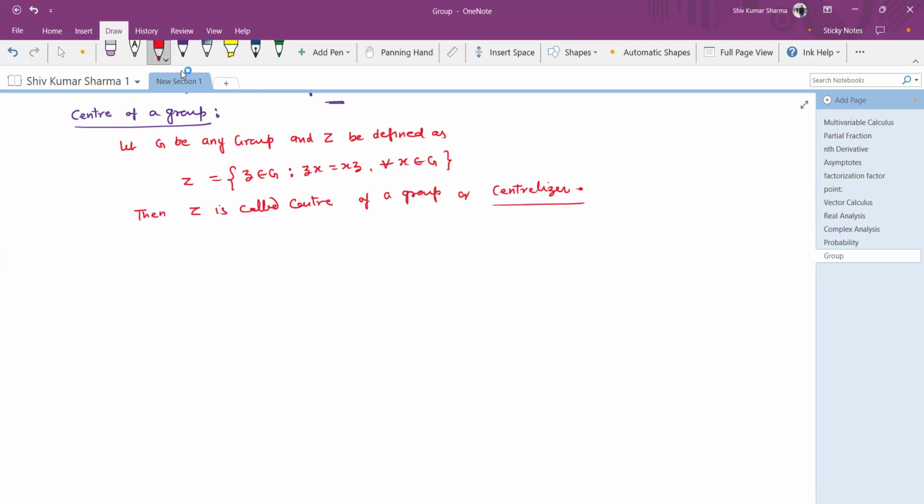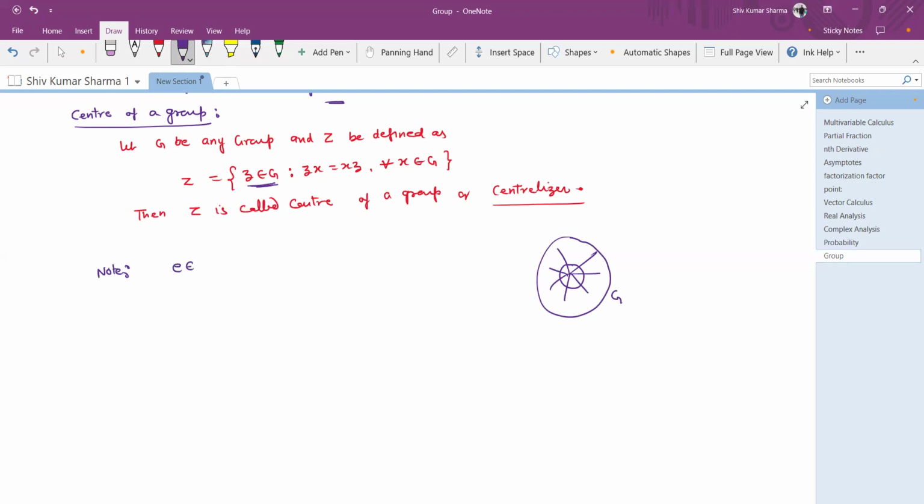So we remember always, suppose we have this group G and all the elements also belong to G.